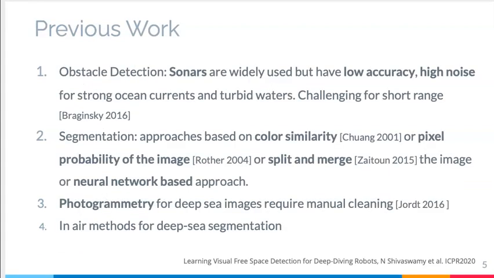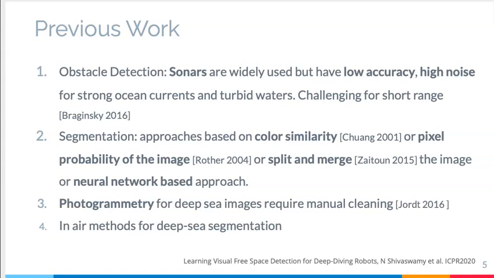Sonars are widely used for underwater navigation, but they produce low accuracy and high noise in strong ocean currents and turbid waters. It is also challenging for short range or close range mapping. For segmentation, we have classical pixel-based segmentation, where the image is segmented based on color similarity, pixel probability, and split and merge approaches that subdivide the image into coarse and fine parts.